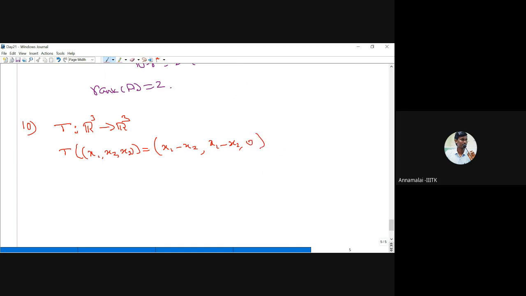So I never use x3. Okay, x1 minus x2, 0. Now, by the standard notation, N(T) is the null space and R(T) is the range space.